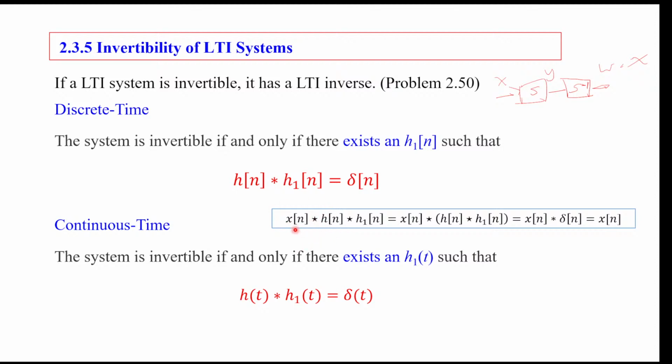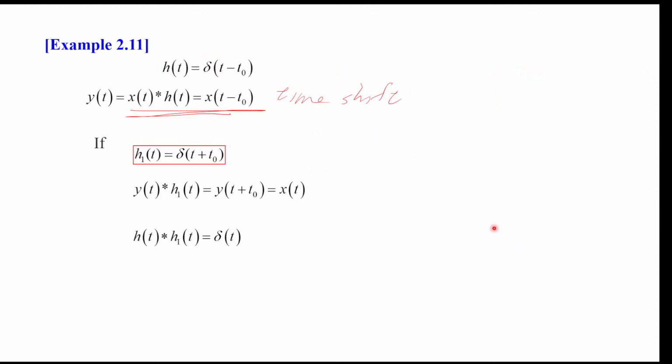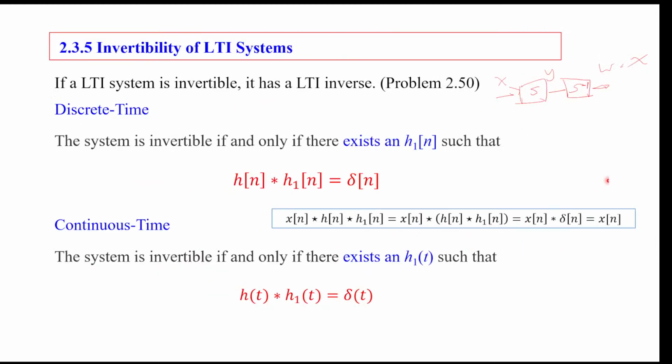You have your input signal, apply the first system and then the second system, and they should go back to the original signal. That's when h and h1 convolved together give you the delta function, and we just showed that any signal convolved with the delta function gives the same signal.